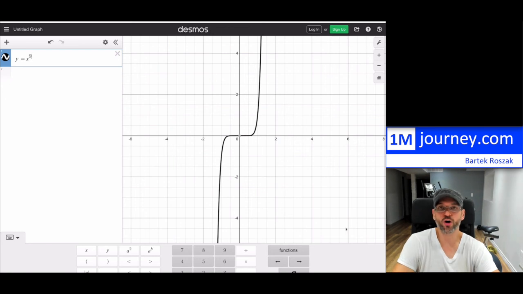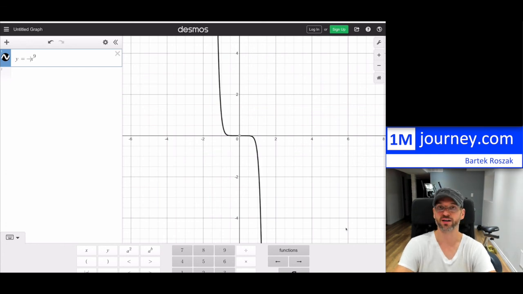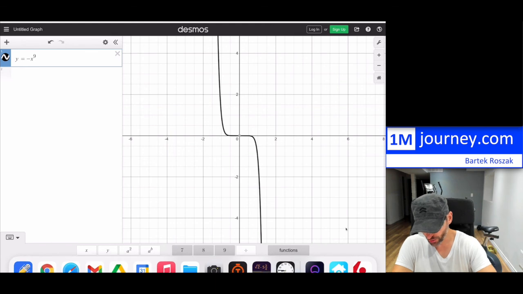So these are all just parent functions that we have. Within these functions, we can play around with them and move them around, translate them back and forth, create reflections, and so on. Notice if I put a negative in here, it just reflects it around. All right, so that is it.